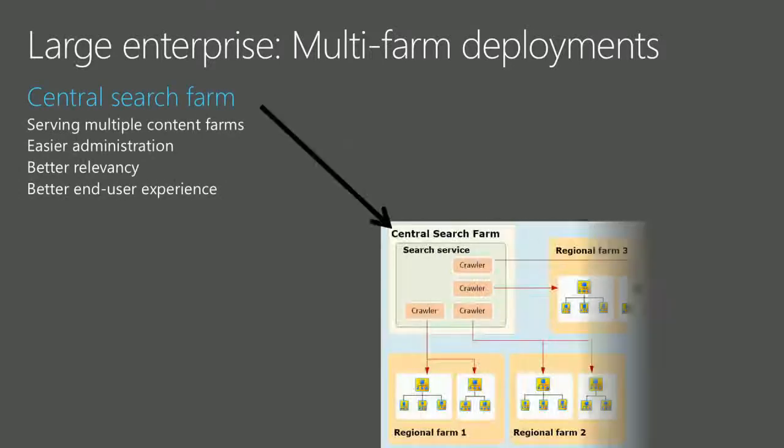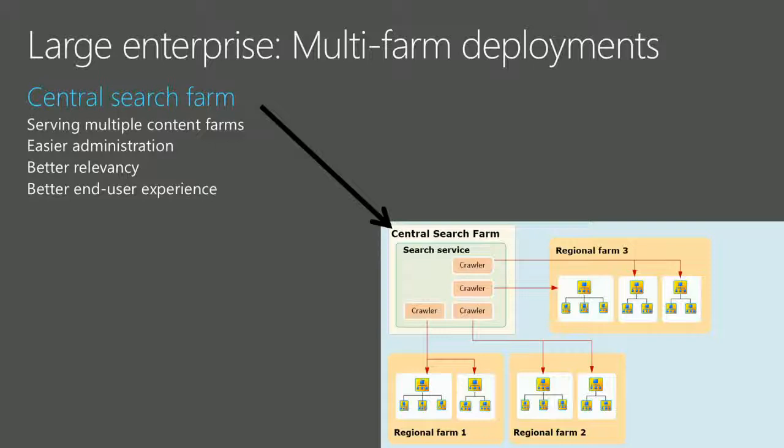Because as you go into large organizations, you see there are lots of considerations to be had. Looking at this from a search perspective, the first thing we see most often is that users will have a central search farm.